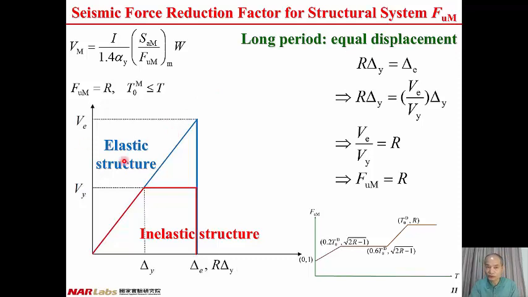Therefore, for the elastic structure, the maximum displacement equals delta E. For the inelastic structure, the maximum displacement equals R delta Y. Under the criteria of equal displacement, R times delta Y equals delta E. By similar triangles, delta E equals VE divided by VY times delta Y. Therefore, the delta E here can be replaced by VE divided by VY times delta Y. Delta Y and delta Y cancel out.